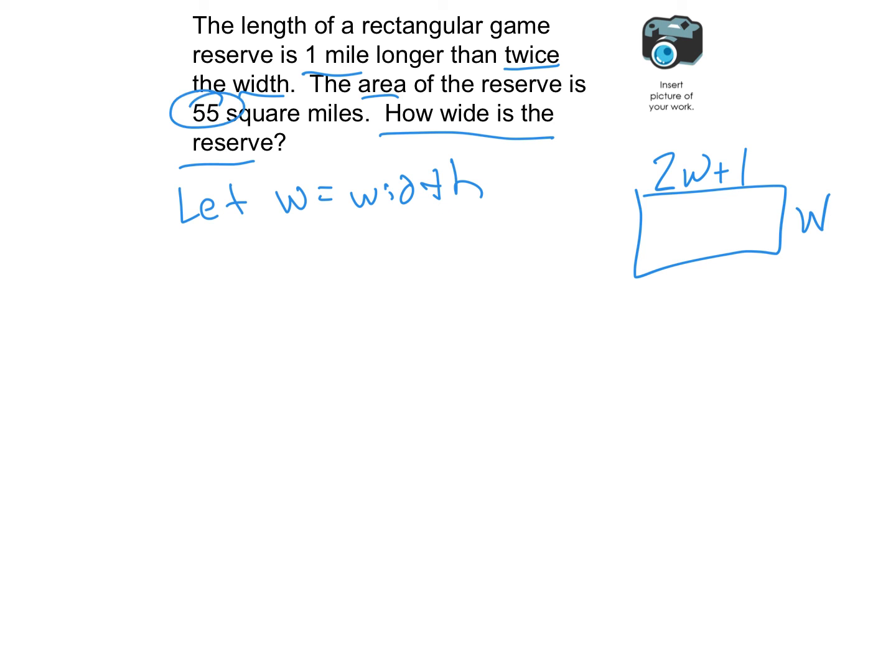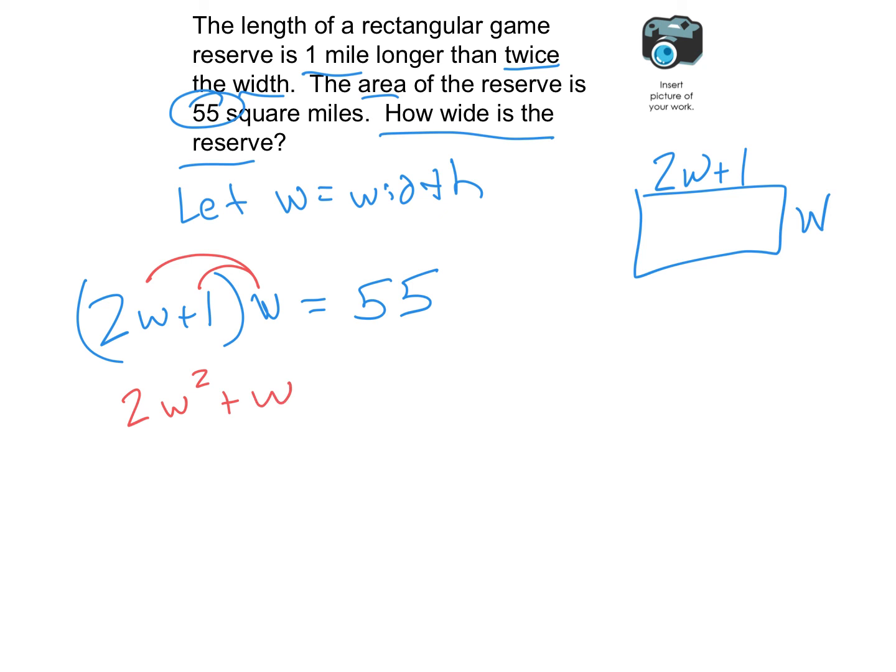Area is 55 square miles, so I need to multiply my length times my width and set it equal to the area. Okay, so there is my equation. I need to distribute: 2w squared plus w equals 55.